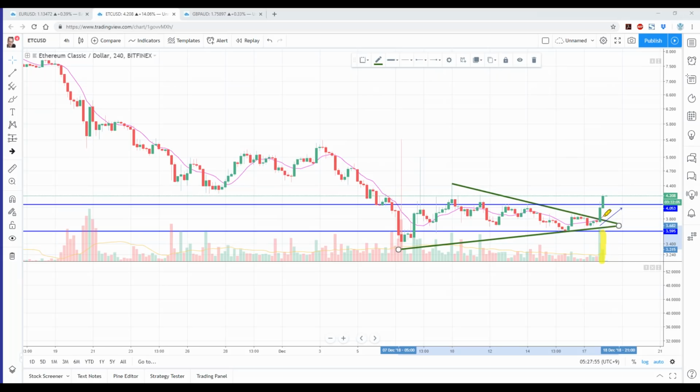We saw volume surge all the way up, and we saw the momentum of this candle, this price movement carry it all the way up. And like I said, we could measure this part of the triangle and then put it on here to project how far the momentum should carry it. Okay, so these are different ways that we would use charts. So here we have chart patterns and we have volume.